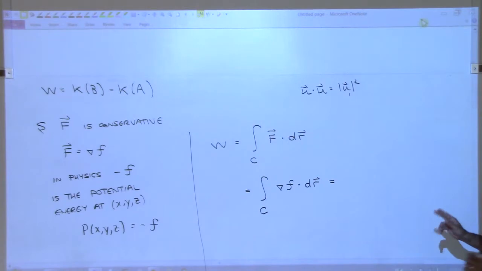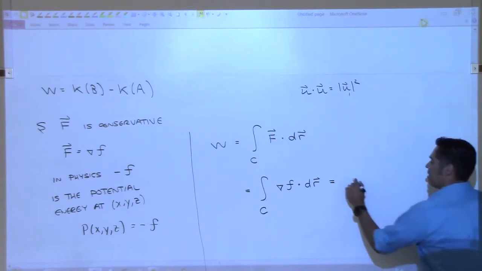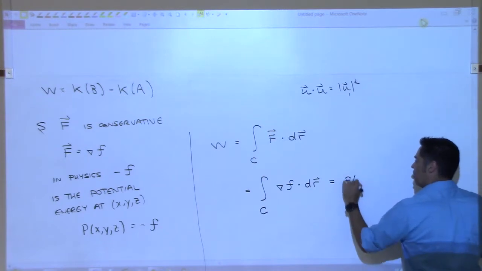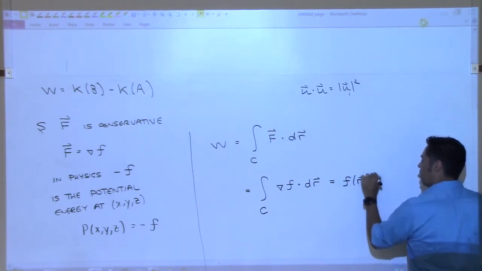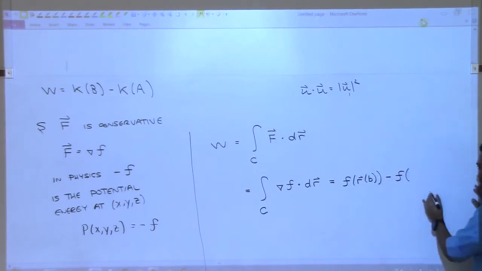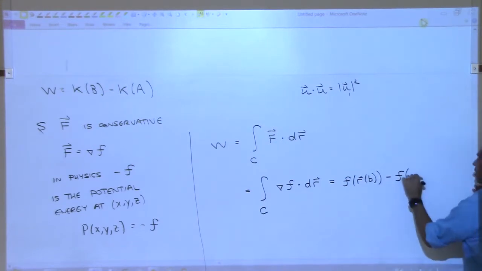The fundamental theorem of line integrals says all I have to do is evaluate the scalar function at the endpoint of the curve minus the scalar function at the starting point.